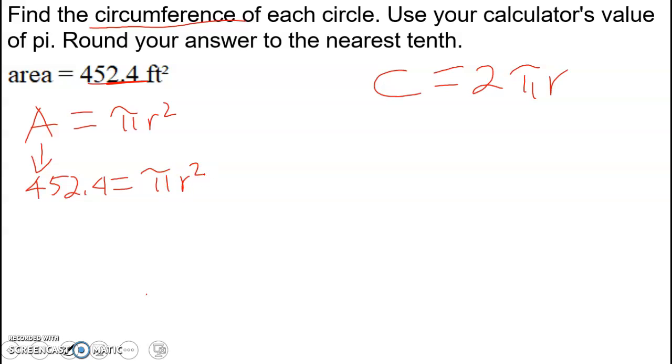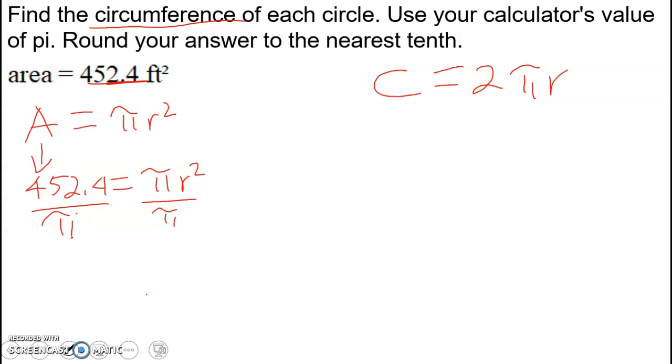And now we do the algebra. We use substitution to replace the number we have for area, and then solve for r. We need to get rid of everything except r, right? So pi is doing what to r squared? It's multiplying it. So we divide everything by pi to get rid of it.